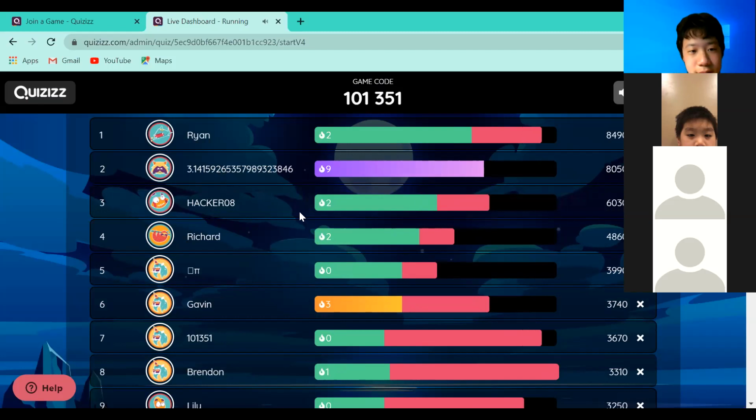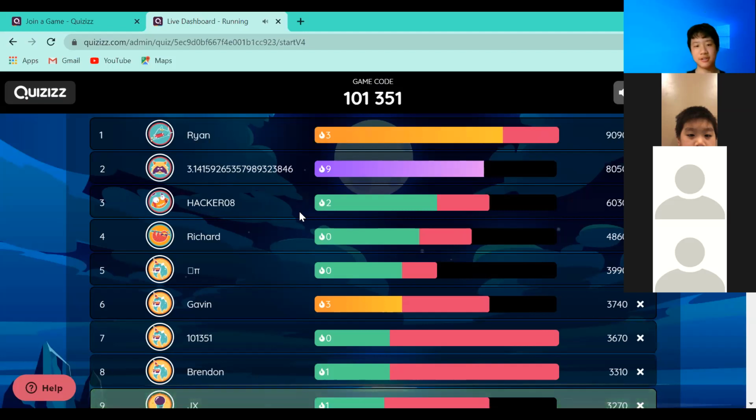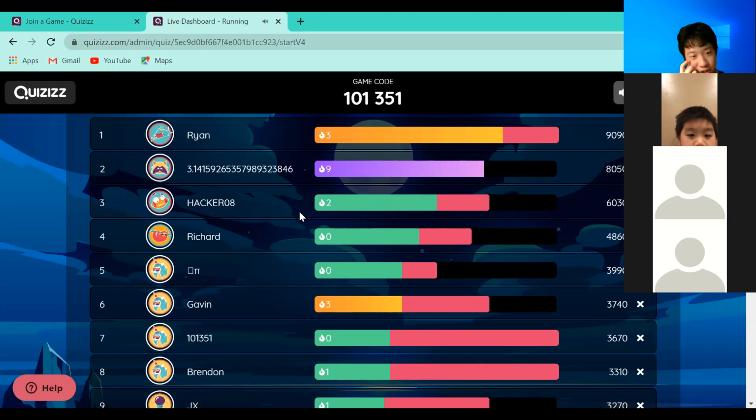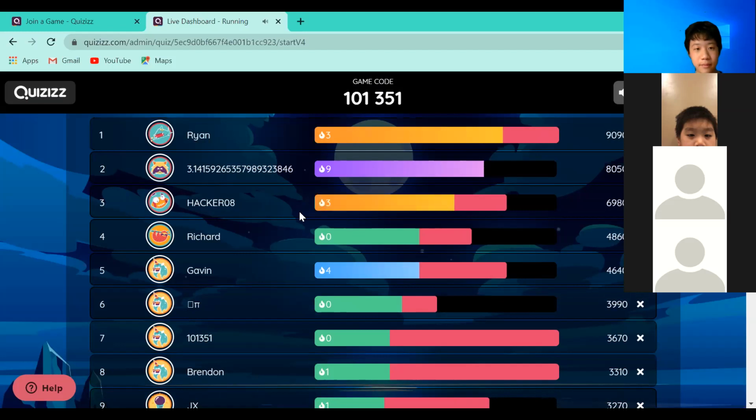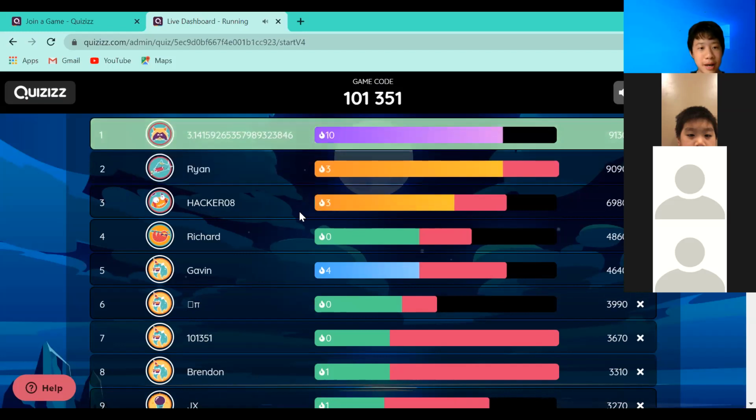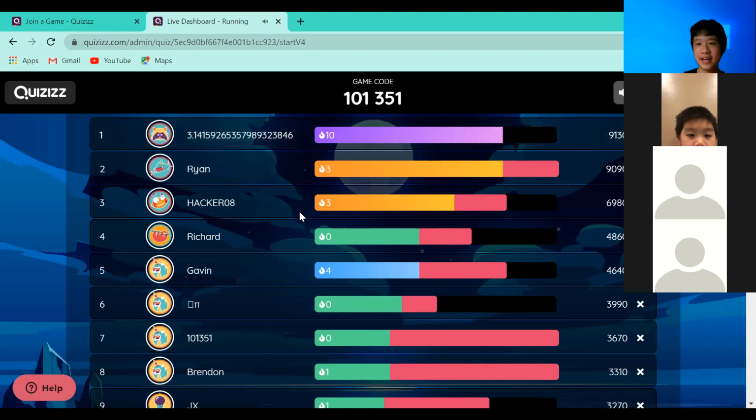Seems like Pi is gonna win. Right now, top 5 are Ryan, Pi, Hacker08, number 4 is Richard, and number 5 is Gavin. Pi is number 1 now. 10 correct answers.